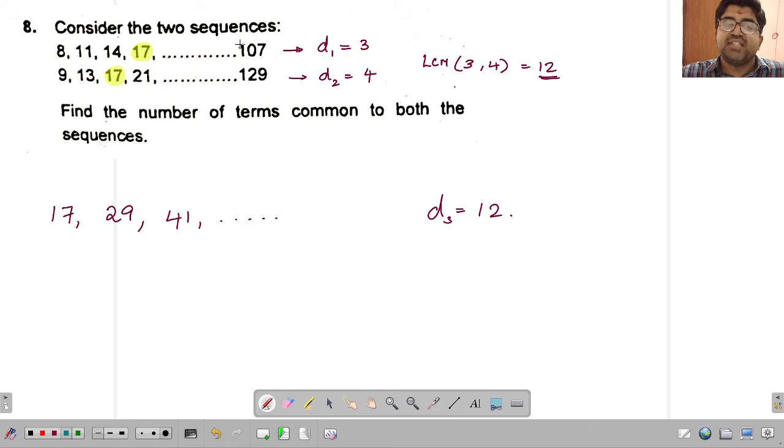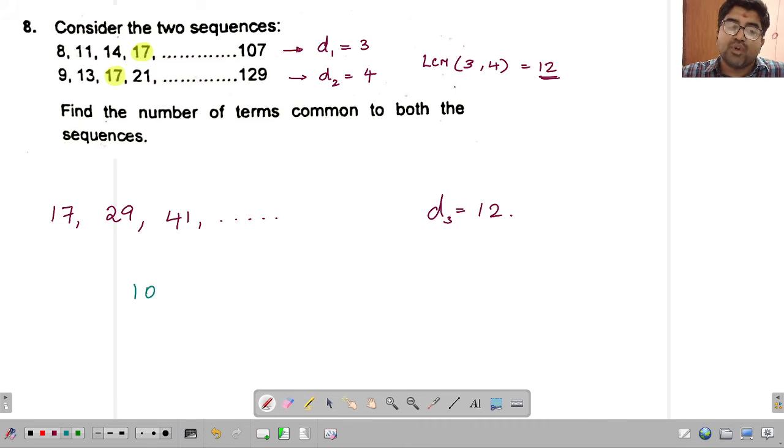Now the next thing, a very important breakthrough, is you have to look at which among the last terms is the lesser value, because the first sequence ends at 107. So if common numbers are there, they are going to occur up to 107. I don't know whether 107 is actually part of the second sequence also, but let me say the nth term is 107.